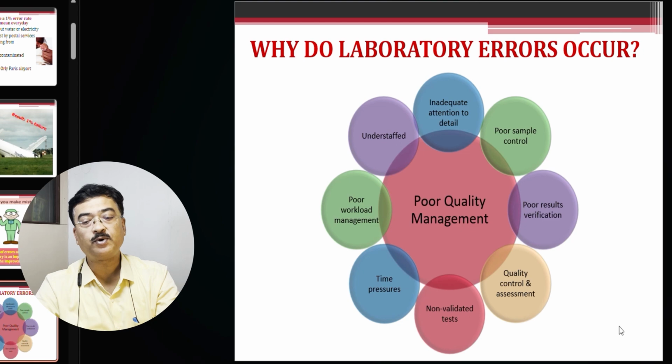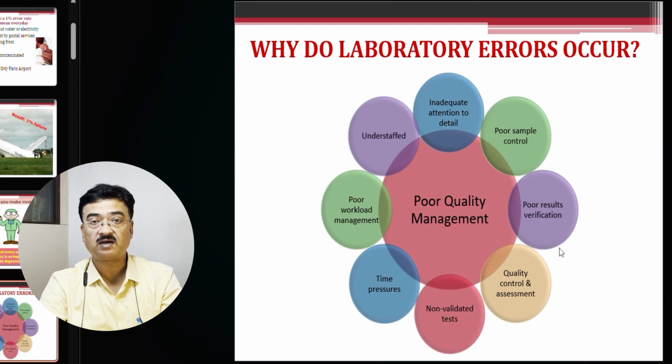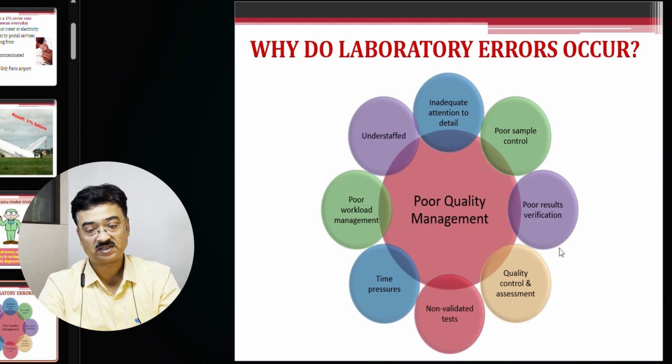So why do laboratory errors occur? They occur mostly because of poor sample control, poor result verification, quality control not up to the mark, and using non-validated or sometimes unverified methods. Time pressure is a very important thing. Sometimes in a hurry, you always make mistakes.